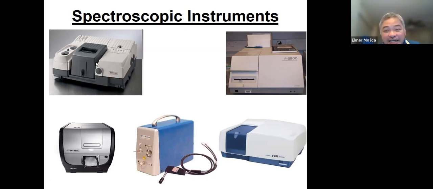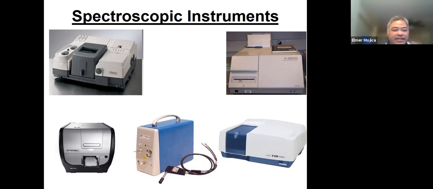So this is an IR, and this is a spectropolarimeter, this is a UV-based spectrophotometer, and this is a portable Raman, and this is a microplate reader that can do absorbance and fluorescence.